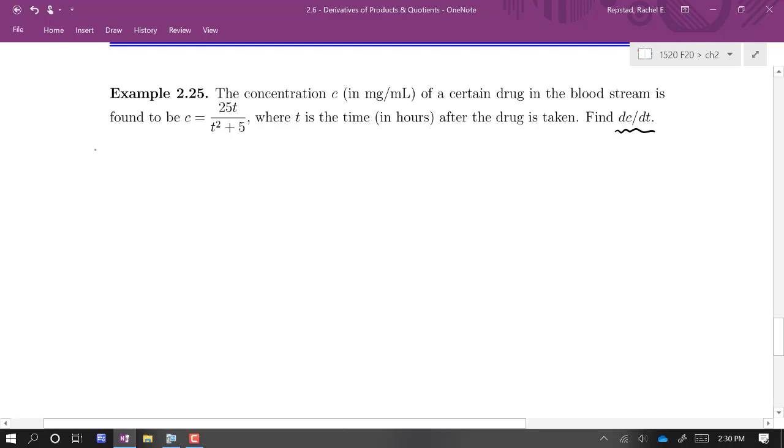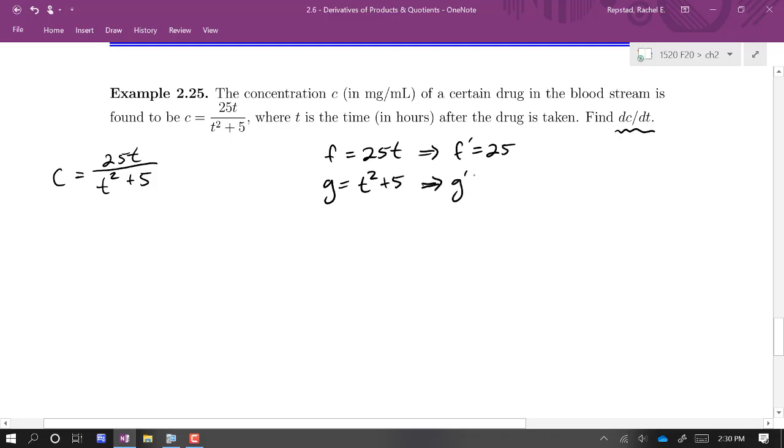So our function, C equals 25t over t squared plus 5. Our f function, always on top, that's 25t, and f prime is 25. Our g function is the bottom one, that's t squared plus 5.